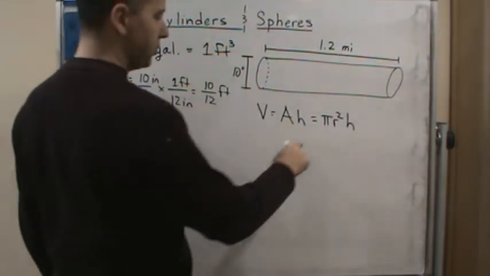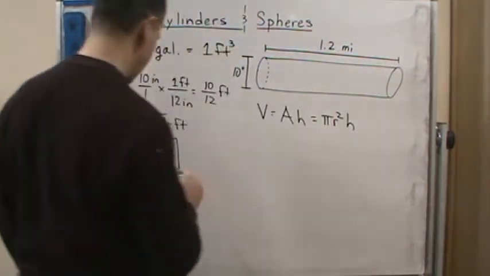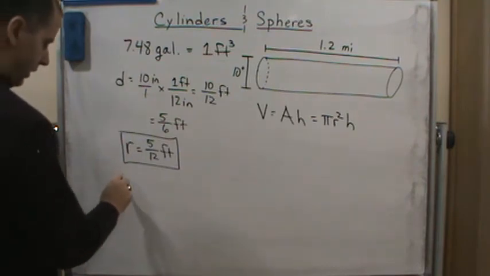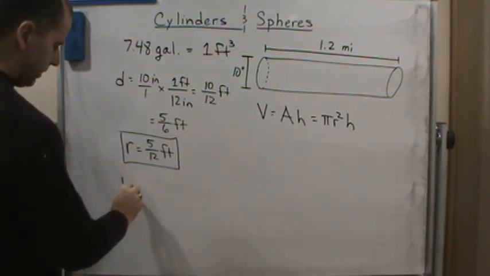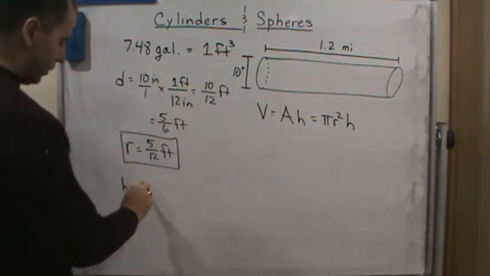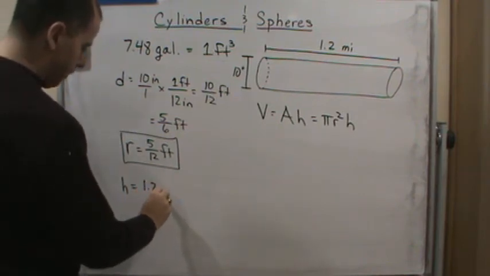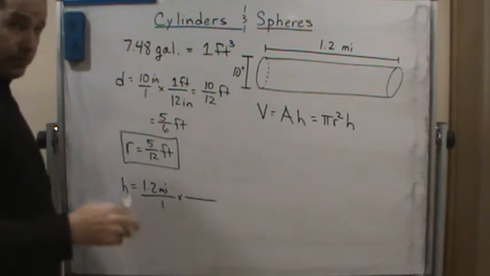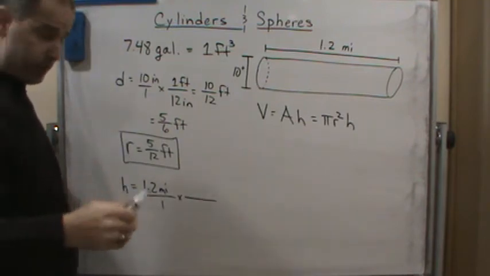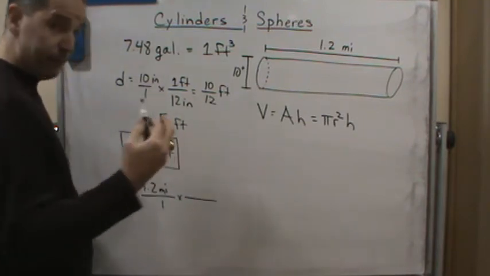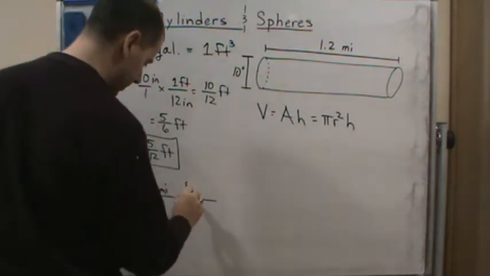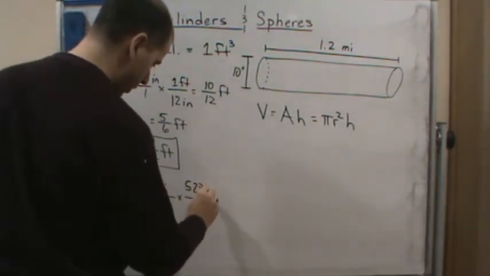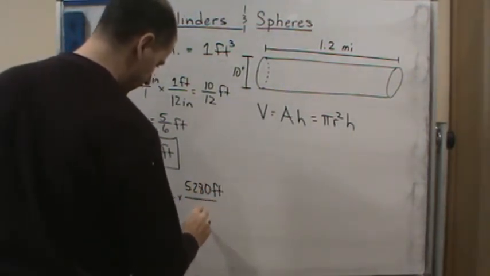Now we just need to change the height into feet. So height is going to equal 1.2 miles. But again, you have to remember your unit ratios, your conversion factors. So we know that there are 5,280 feet in 1 mile.